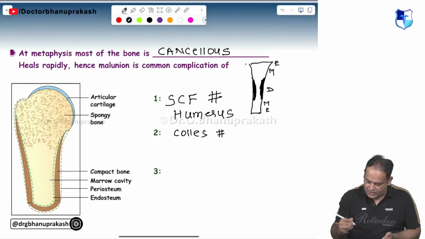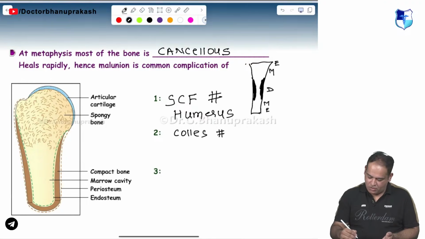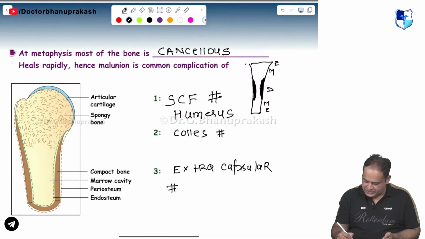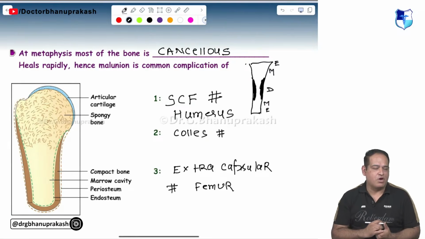So, Colles fracture. Malunion is a common complication of extracapsular fracture of femur. So, all these fractures, what is common between them?